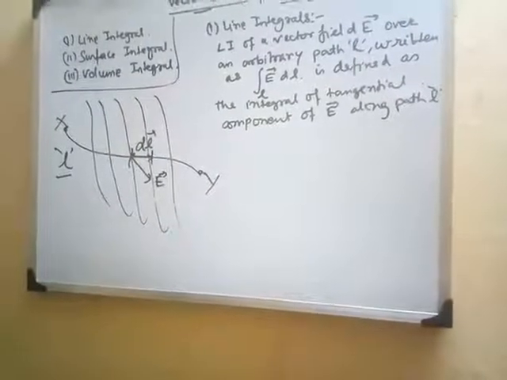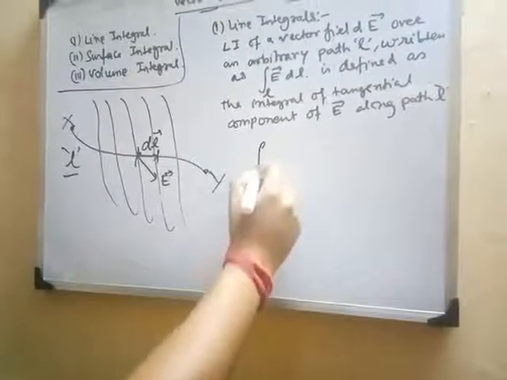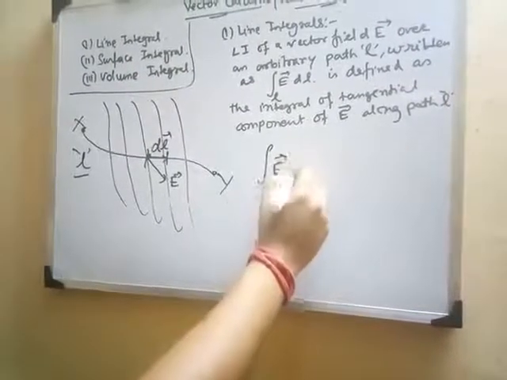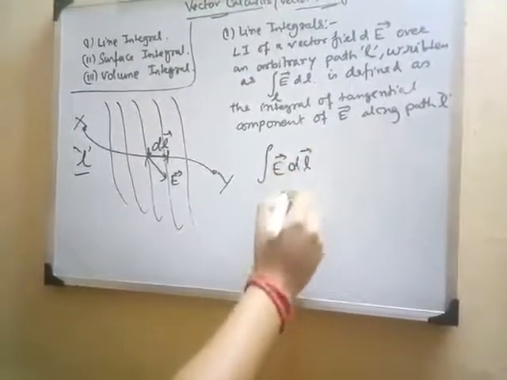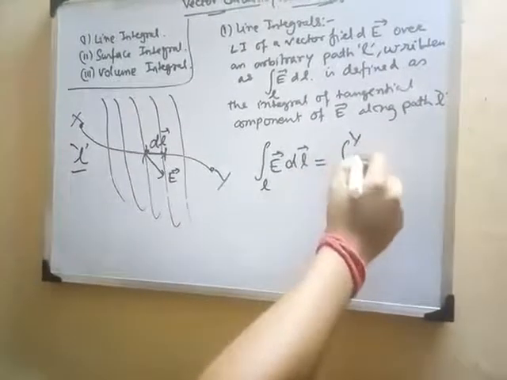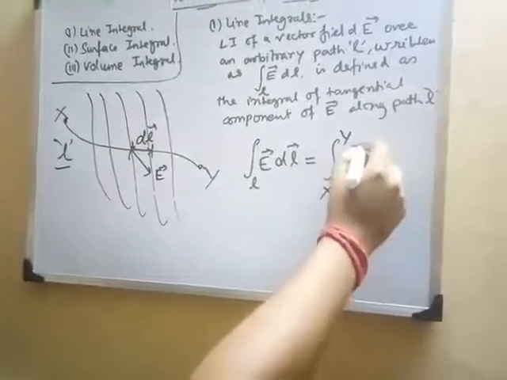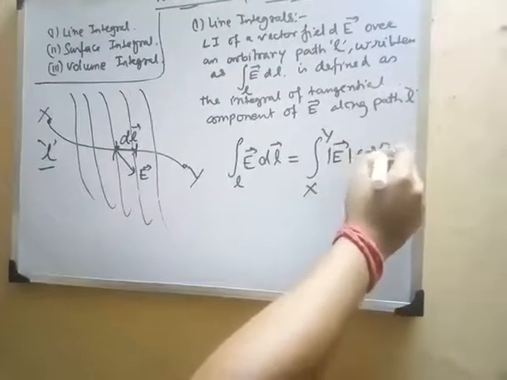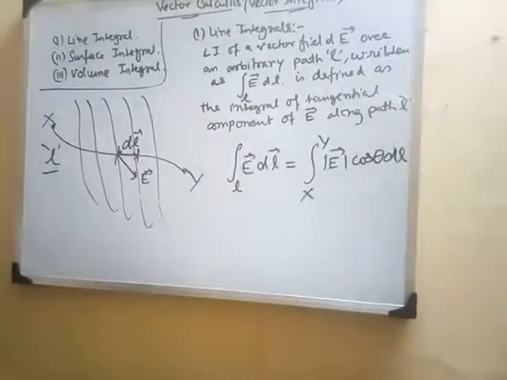So the line integral can be represented as the line integral of vector E dl, where L is xy, equals the magnitude of vector E cos theta dl. So what is theta?